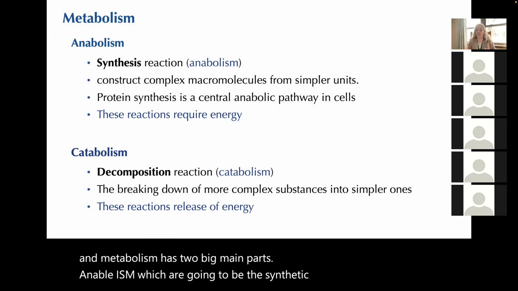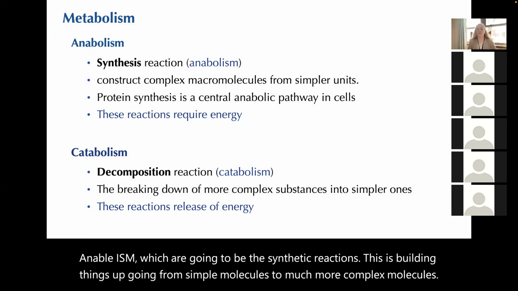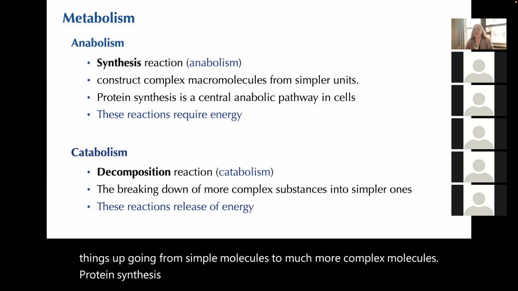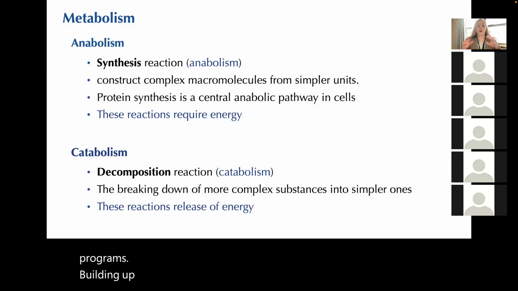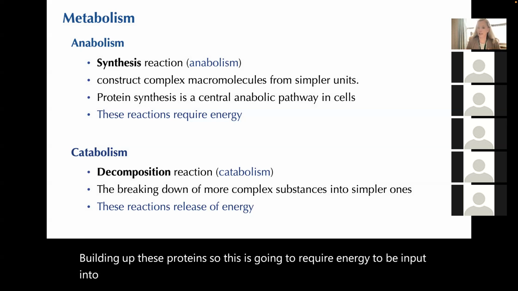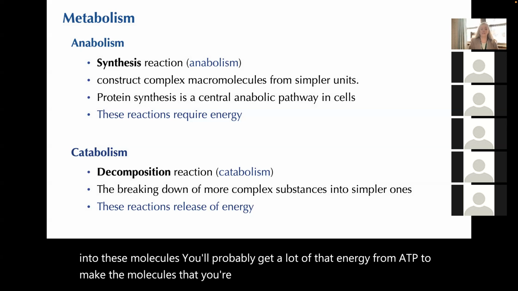This is building things up, going from simple molecules to much more complex molecules. Protein synthesis is a central anabolic pathway, building up these proteins. So this is going to require energy to be input into these molecules. You'll probably get a lot of that energy from ATP to make the molecules that you're making in anabolism.